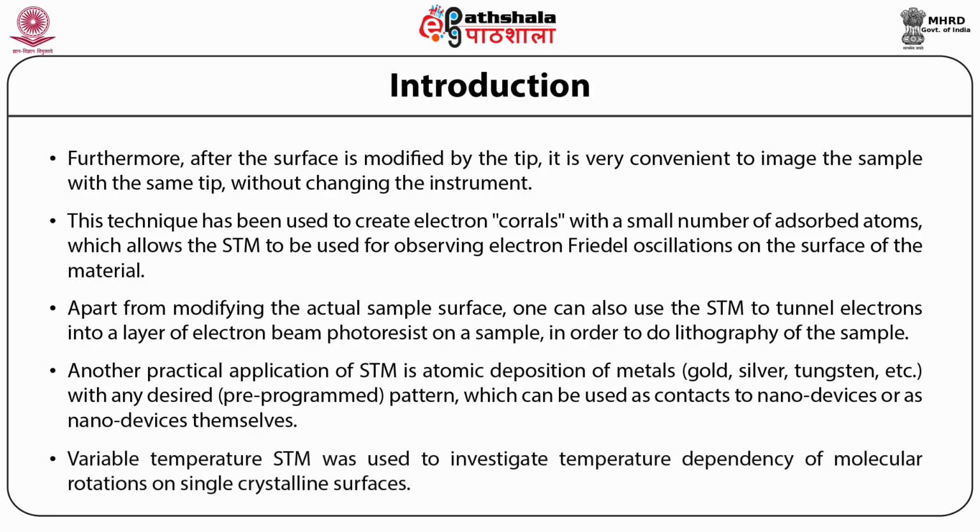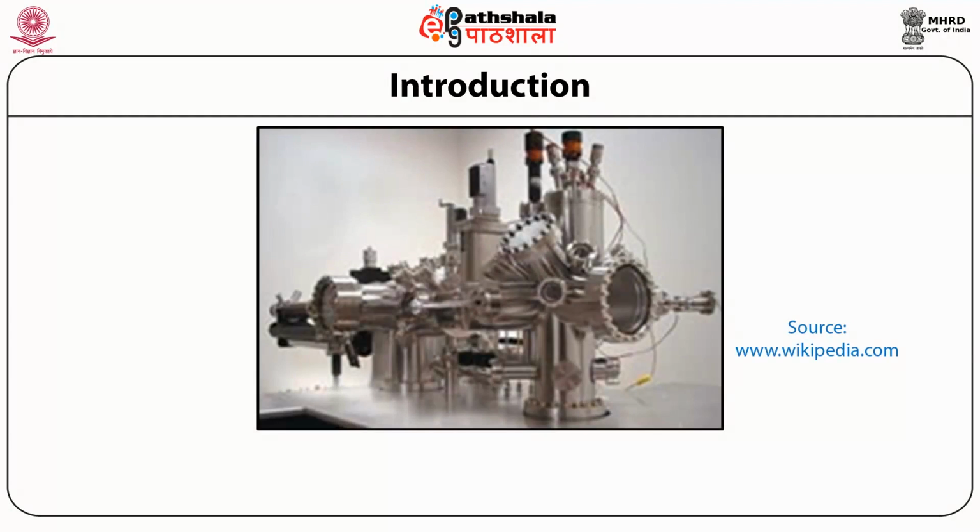Variable temperature STM was used to investigate temperature dependency of molecular rotation on a single crystalline surface. Rotating molecules appear blurred compared to non-rotating ones. The figure shown in the slide depicts the STM microscopic images.